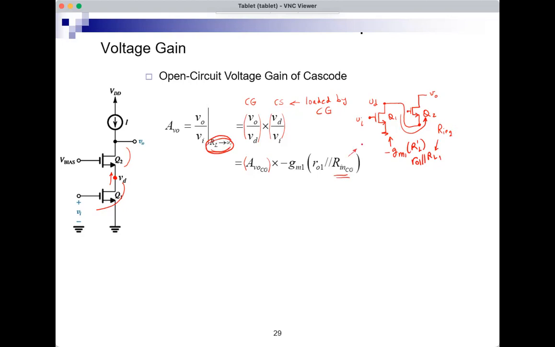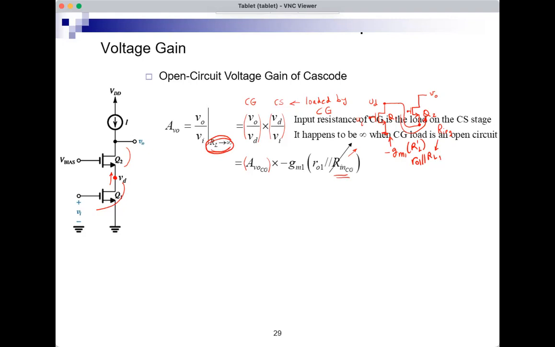It's (RL plus RO) divided by (1 plus GM RO). And if RL goes to infinity, this also goes to infinity. So yes, I had to worry about it, but it turns out that it's infinite, and that's okay. The input resistance of the common gate happens to be infinity when the common gate load is an open circuit. So I only have minus GM1 RO1.